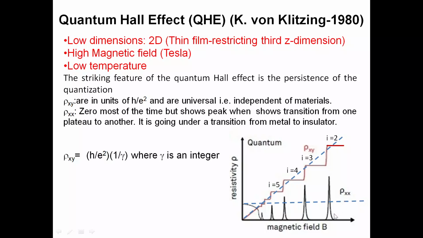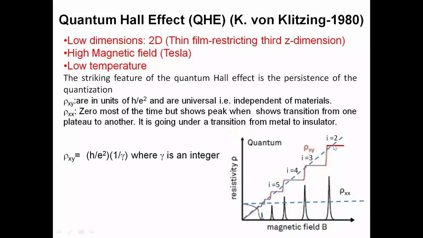But this is what has actually been observed for thin films, two-dimensional systems, at very low temperature in presence of high field. Now there are two things. For transverse resistivity, we have plateau regions, then a sharp drop, then a plateau region, and then a sharp drop, and like that.